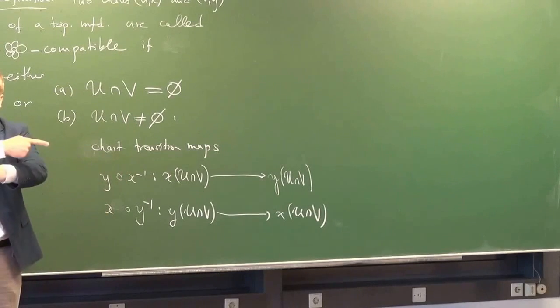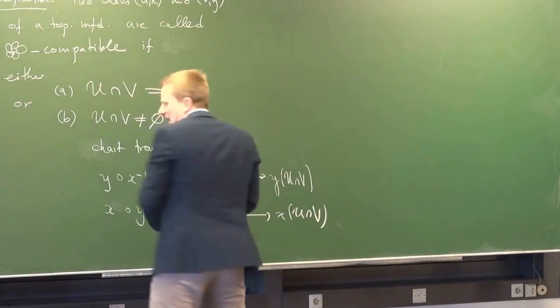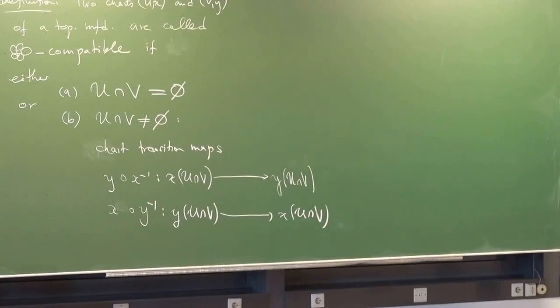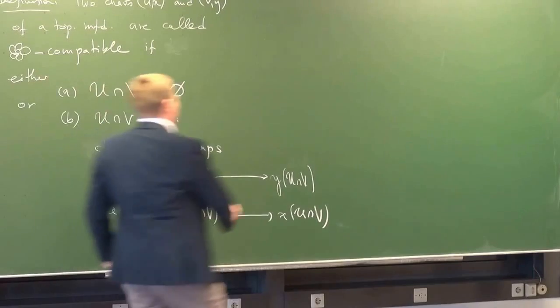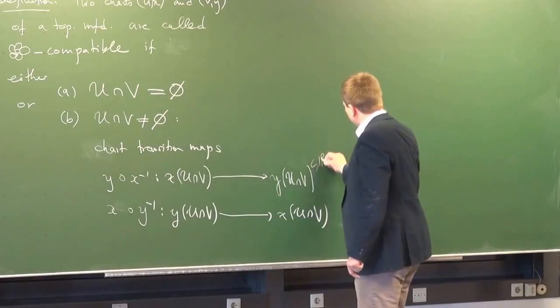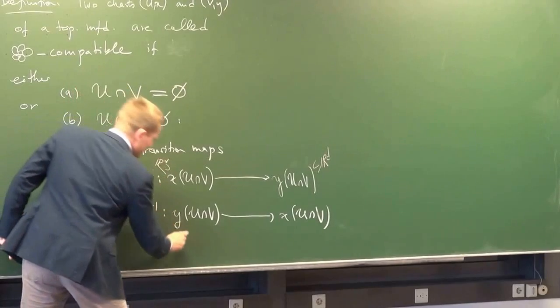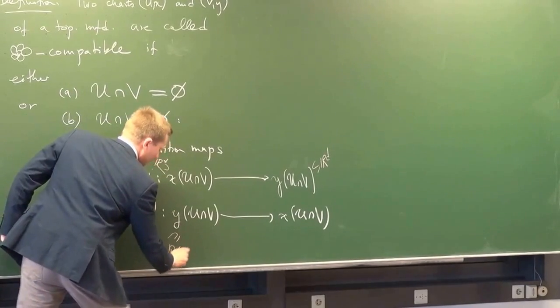If in both directions these maps, these chart transition maps are, and now comes the point, because they're both maps from RD to RD, right? Both maps from RD to RD.